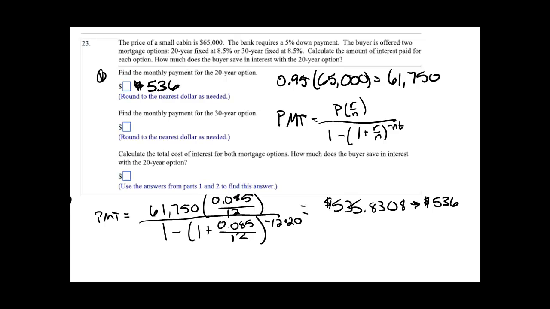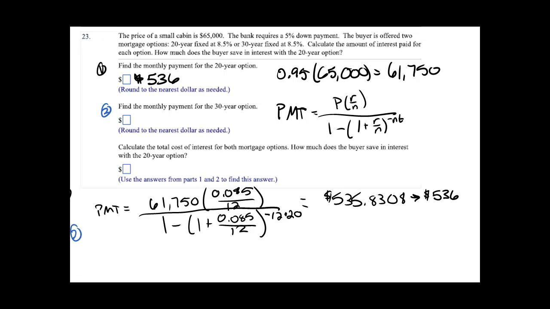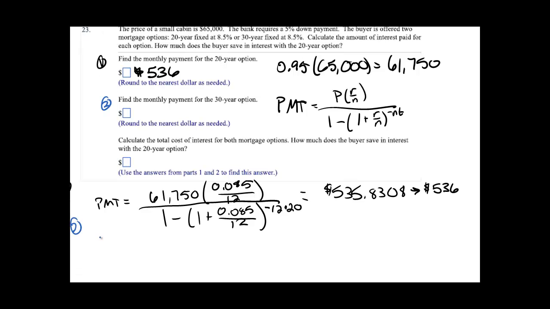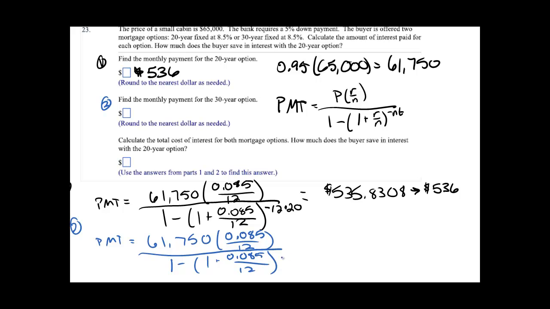For our second scenario, where we have a 30-year loan, we're going to use the same formula. We start out with the same principal of $61,750, the same interest rate of 8.5%, still monthly payments, all over 1 minus 1 plus 0.085 over 12, and the only thing that changes is that instead of 20 for our t, we have 30.